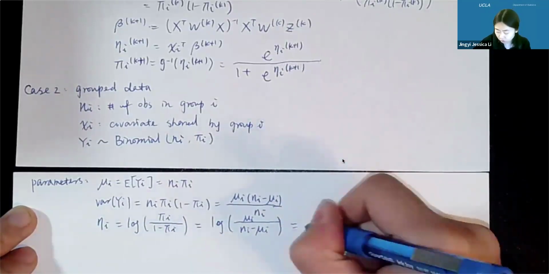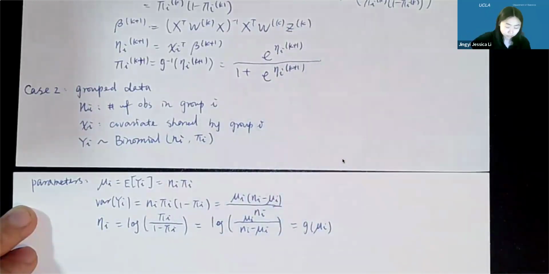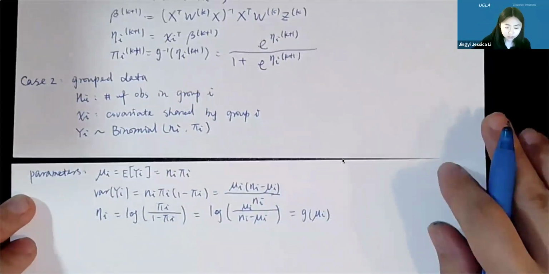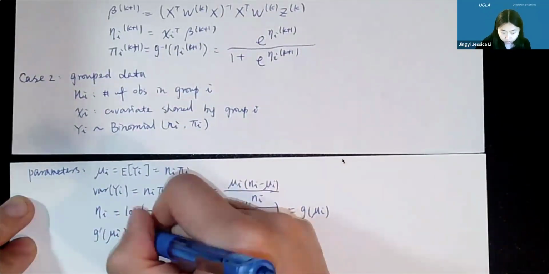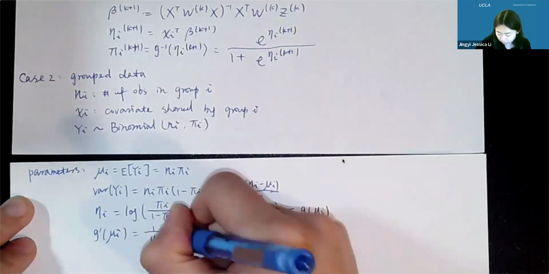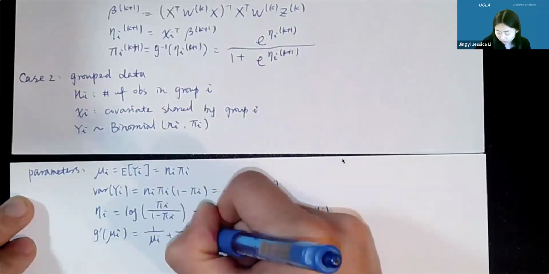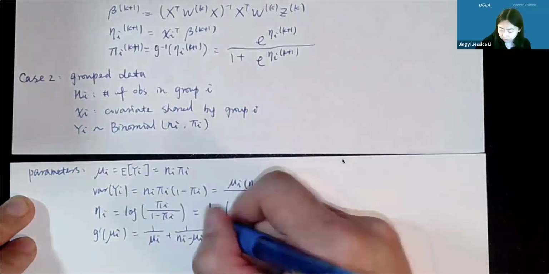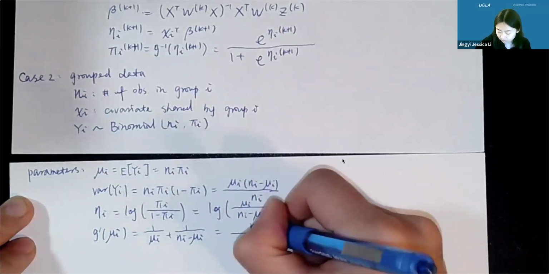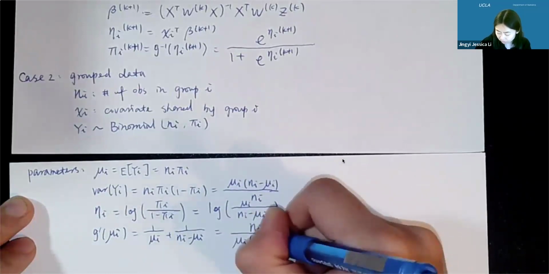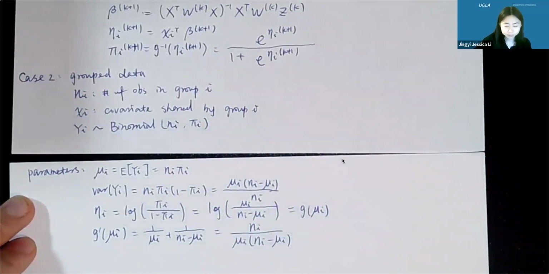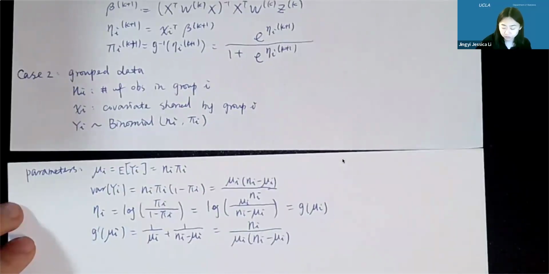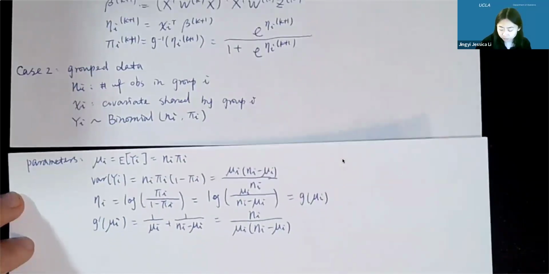And we call this g(mu_i). Then correspondingly, we can have g prime(mu_i) just as 1 over mu_i plus 1 over (n_i minus mu_i). And putting them together, we have n_i divided by mu_i times (n_i minus mu_i). That's the g prime.